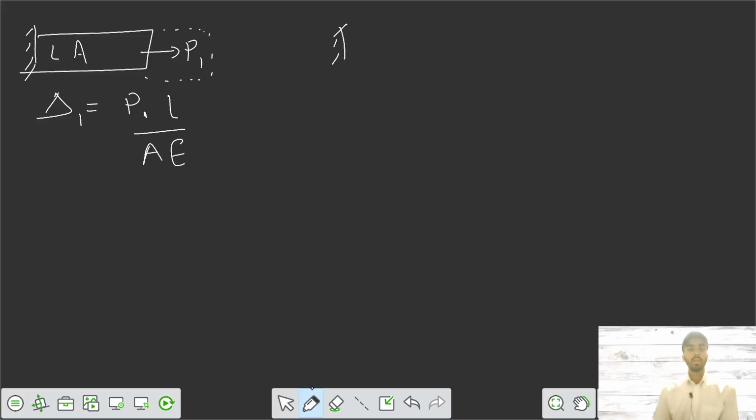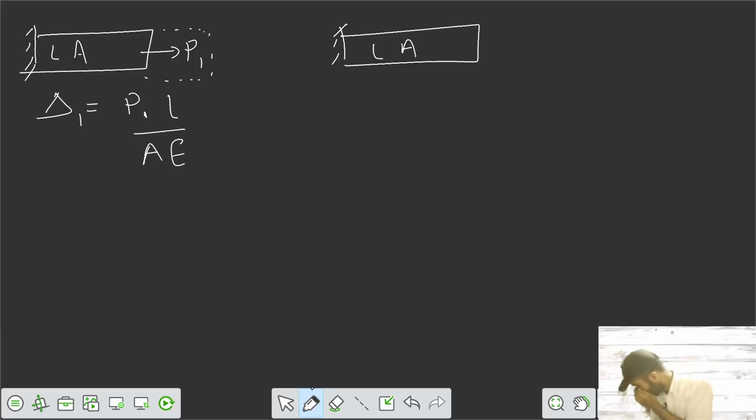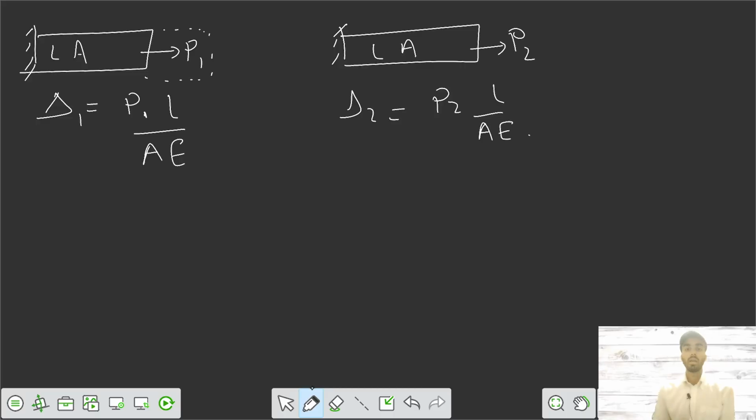Next is the same member, same cross section area and length. Then you apply force P2. Then delta 2 equals P2 L by AE. Material is same, E is same.